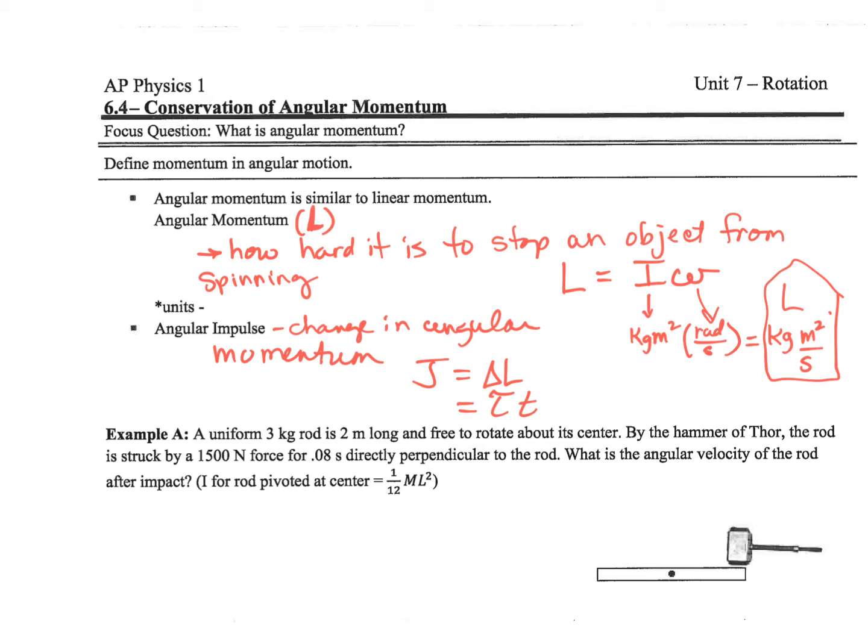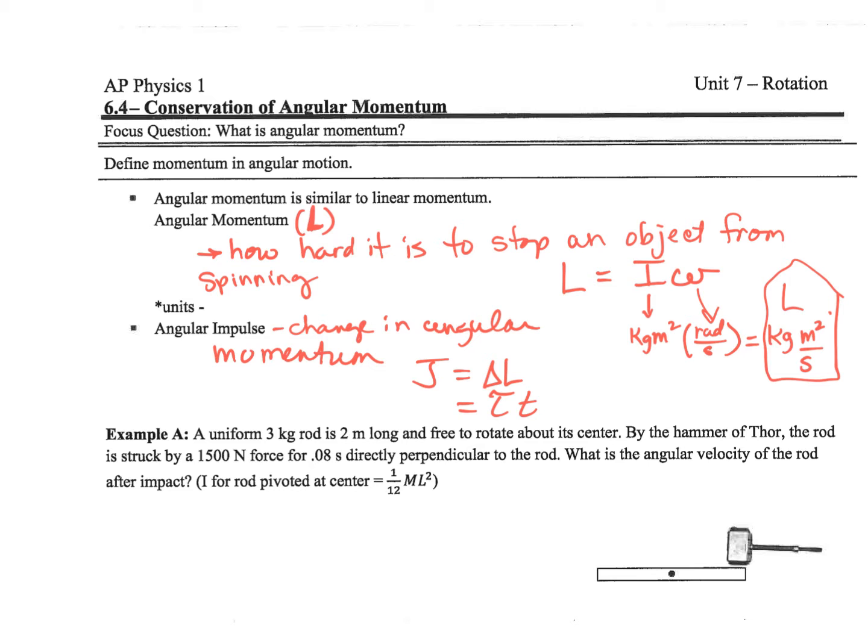If we want the thing to quit spinning or to change the rate at which it spins, don't we need to apply a radial force to it somehow to either slow it down or speed it up? That would be a torque. How long we apply it tells us how rapidly or slowly it slows down, right? That's our impulse factor. Time is always part of impulse. So now we've got this way to relate rotational momentum, angular momentum, with angular impulse and torque.